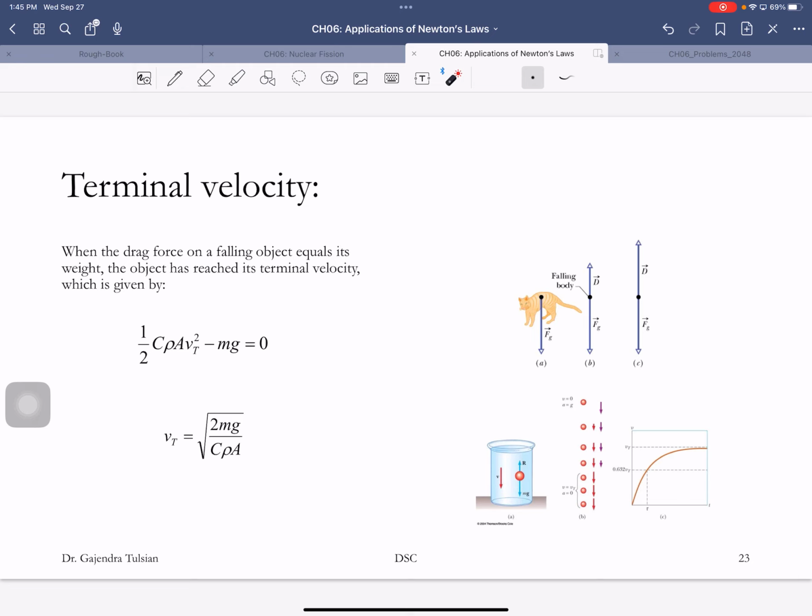For instance, we are in the skydiving capital of the world, DeLand. If you nosedive, your terminal velocity is, I believe, 180 miles an hour, something like that.